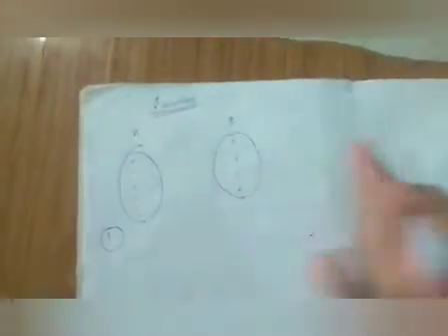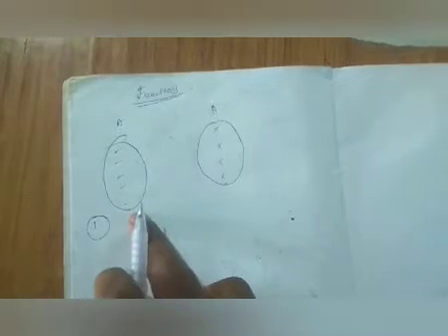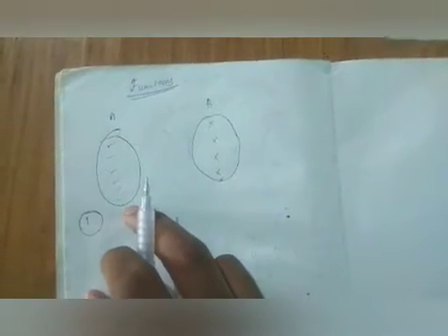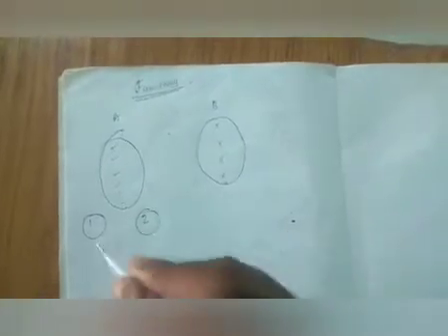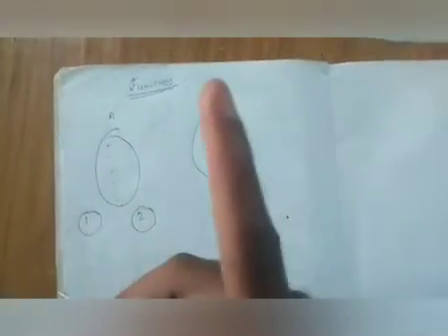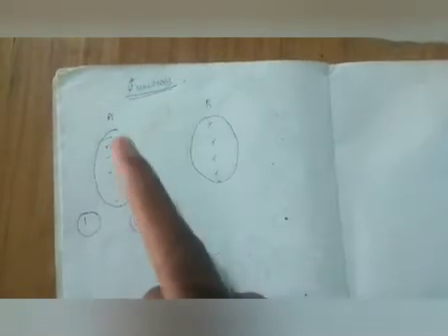So that relation should be a function if and only if it satisfies these two conditions. The first condition is every element in the first set should be mapped.